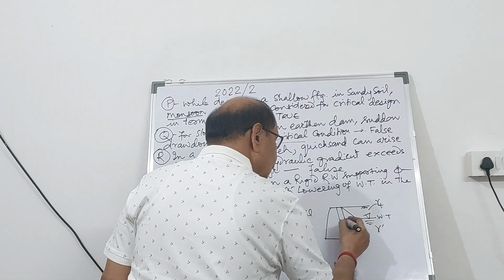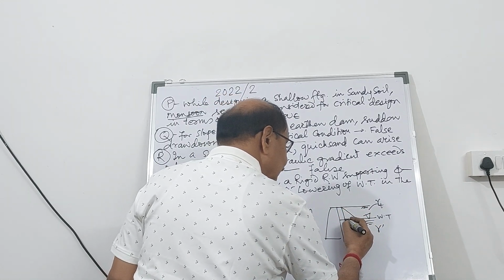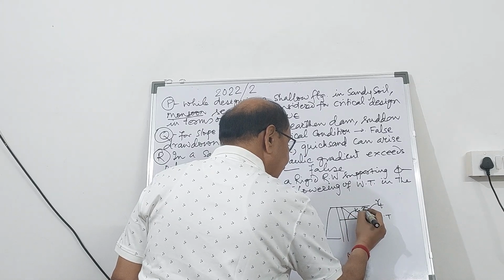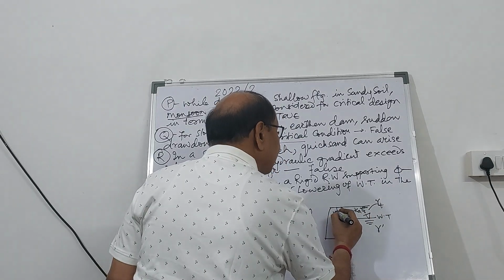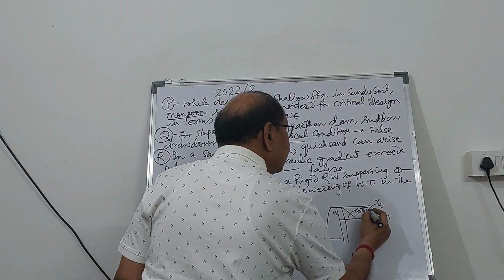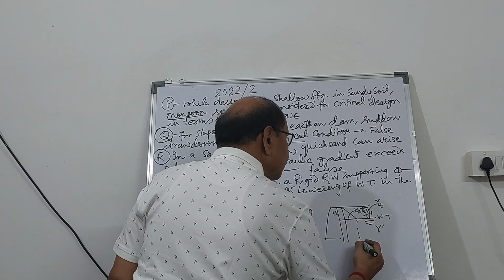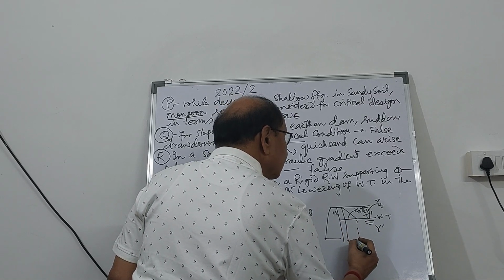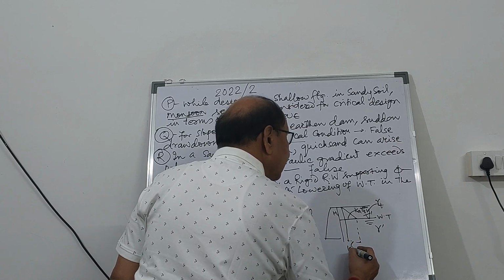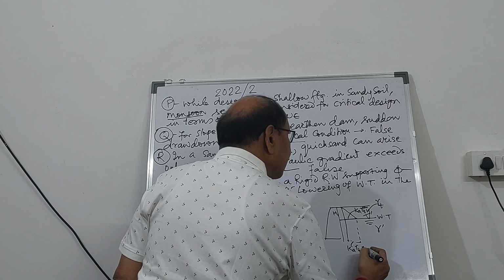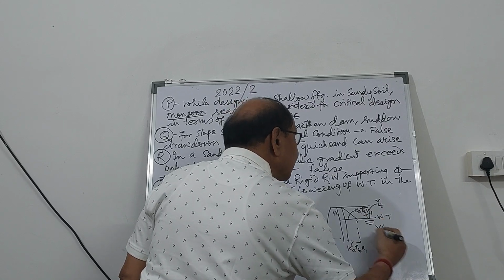So here at this level, this pressure will be K times gamma T into, if the height is H1, it will be H1, and this pressure will be at the base K times gamma T into H1, and then now it is underwater.